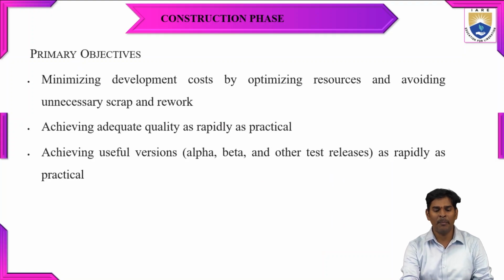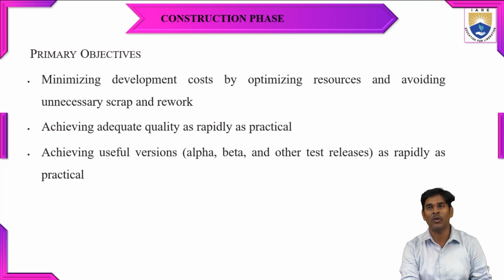Okay, and what are the primary objectives in the construction phase? The main ultimate goal for the construction phase is that they need to minimize the development cost. How are they going to minimize the development cost? It means they need to optimize the resources and avoid unnecessary scrap and rework.